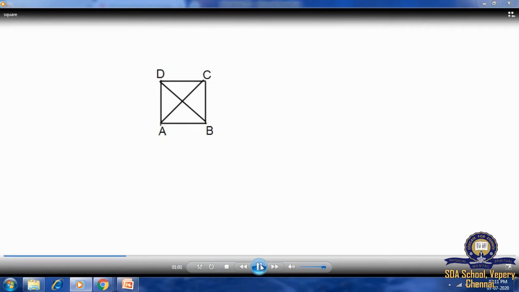Any alphabets you can mark. Now, the square has four corners A, B, C, D. Totally there are four corners A, B, C, D. A, B, C, D are corners.